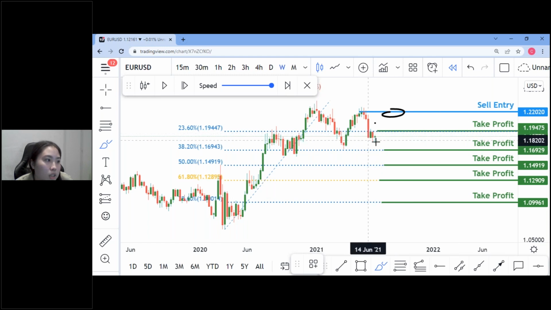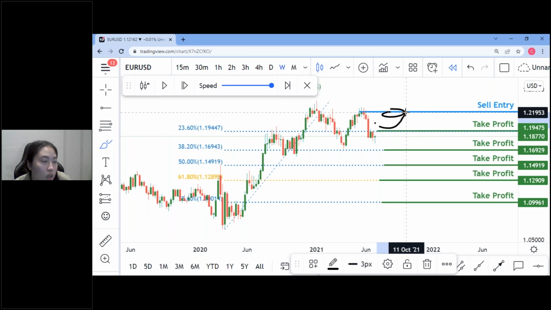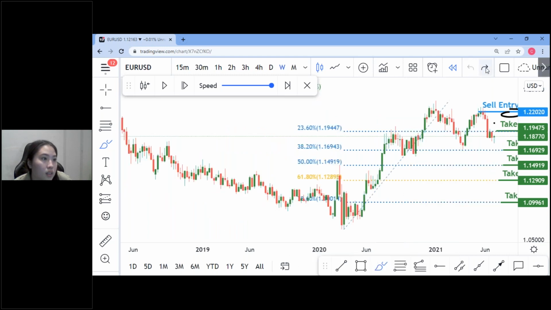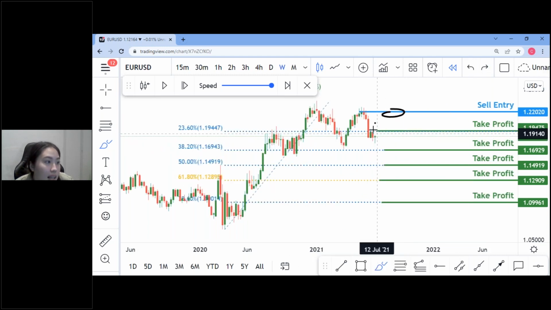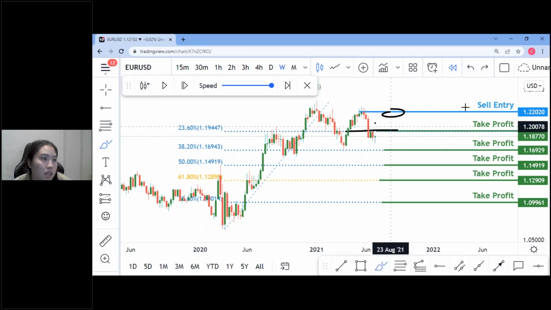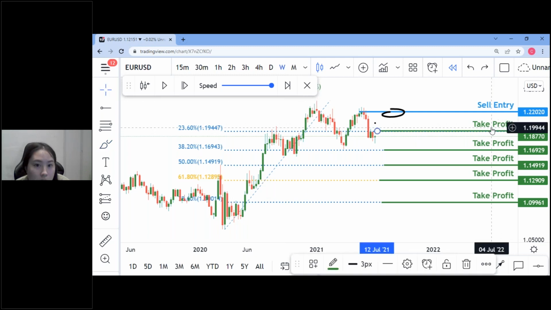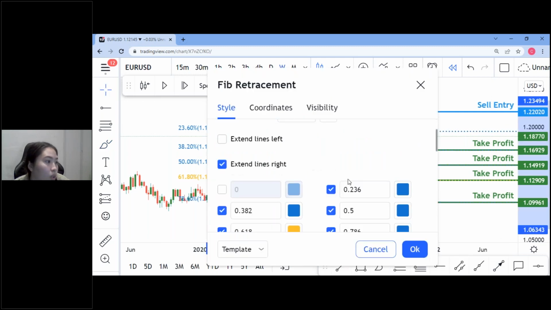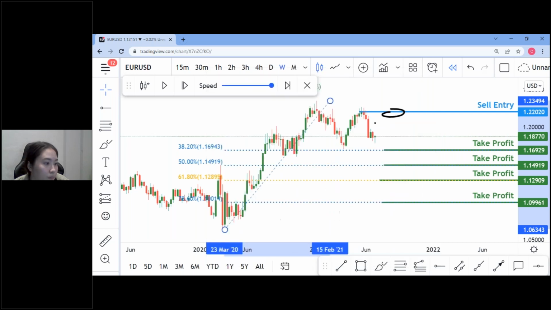So my question now is, do you think price can still bounce off the 23.6 level? Seeing that price has already crossed through and broken it, do you think it's still possible for price to bounce off the 23.6 level? It's not possible, exactly, because price has already broken it. So the 23.6 level is actually not relevant to us anymore. So we can get rid of the 23.6 level.